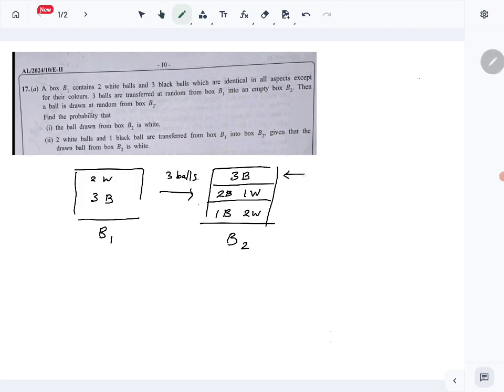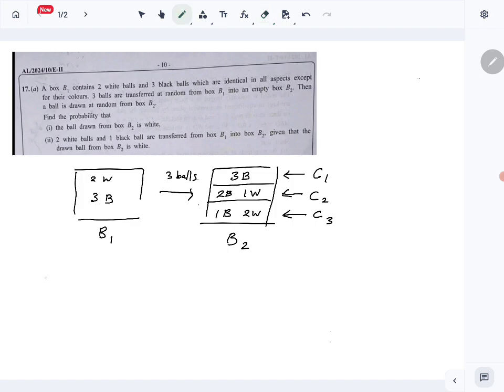For each one, I will name them as case 1, case 2, and case 3. Then let's look at the probability we want to find. We want the ball drawn from box 2 to be white, right? So let's say W.